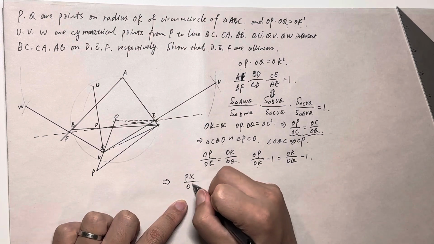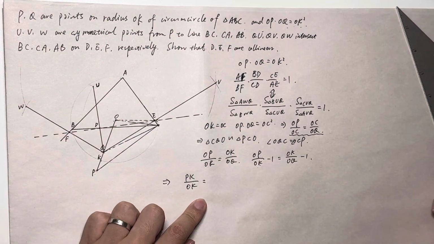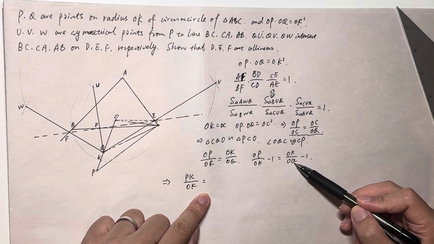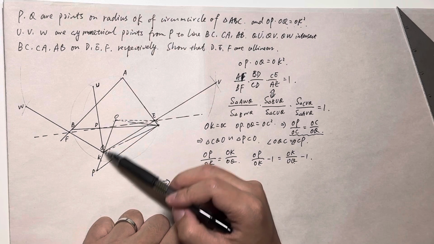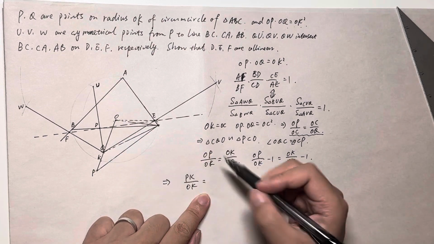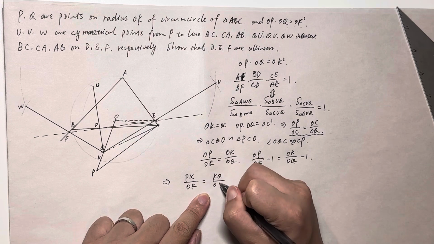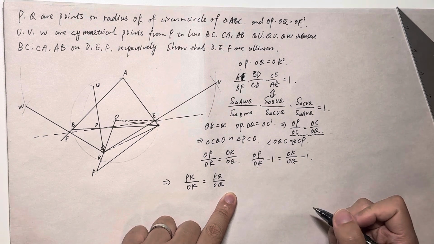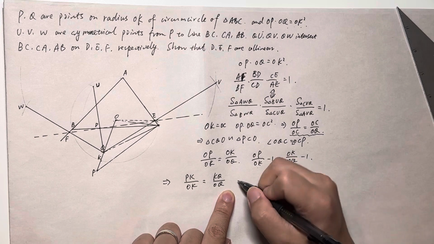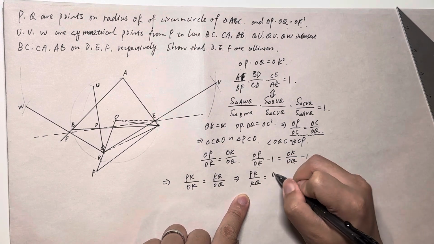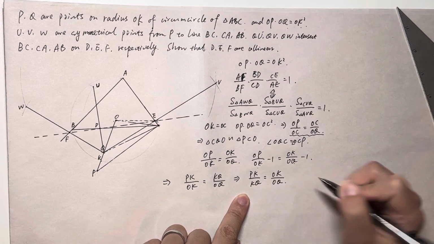PK to OK equals, here, OK minus OQ to OQ. So that's KQ to OQ. Right, we got this, which means PK to KQ equals OK to OQ.